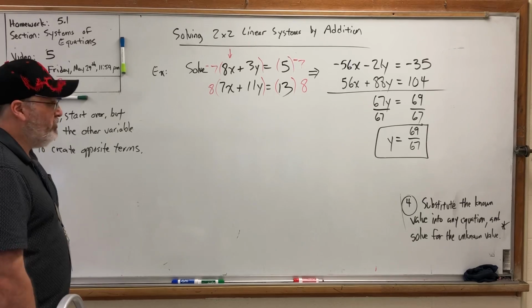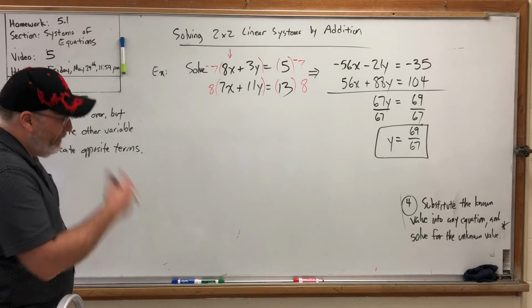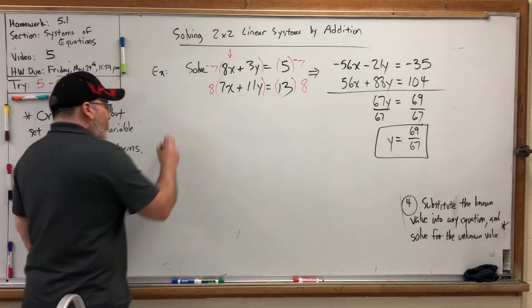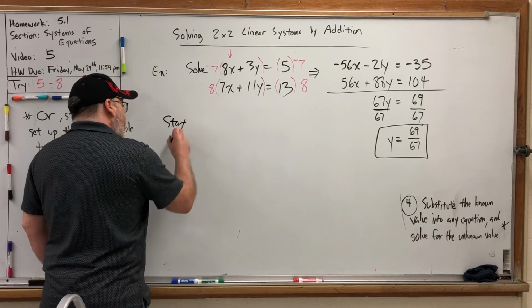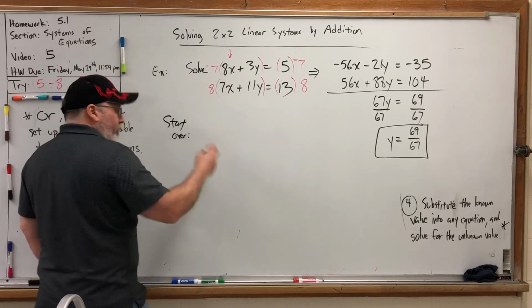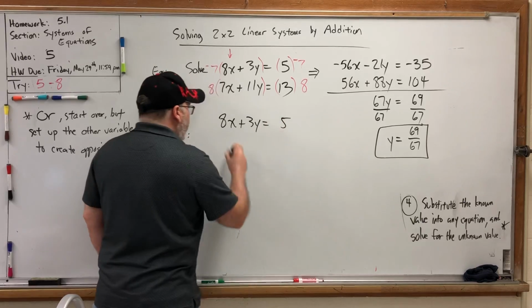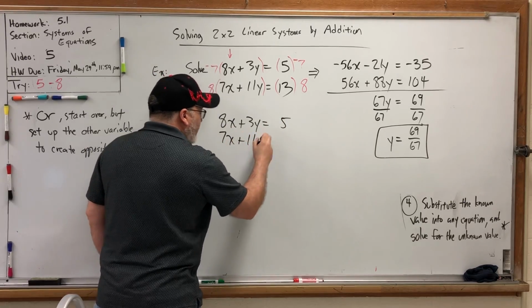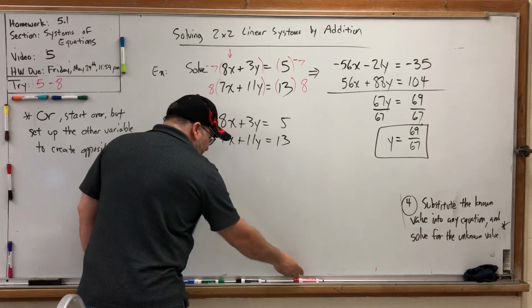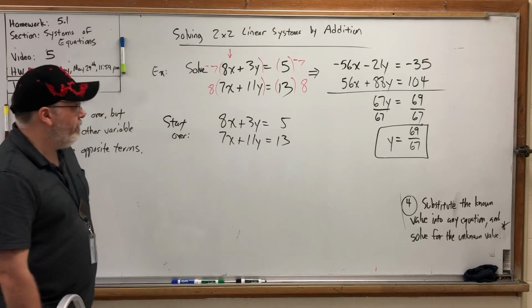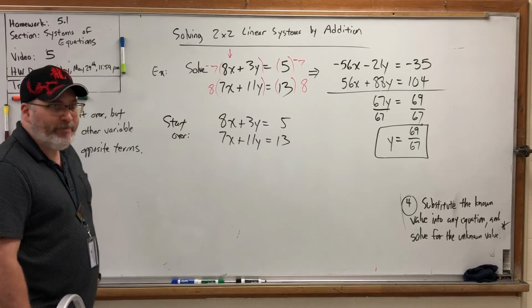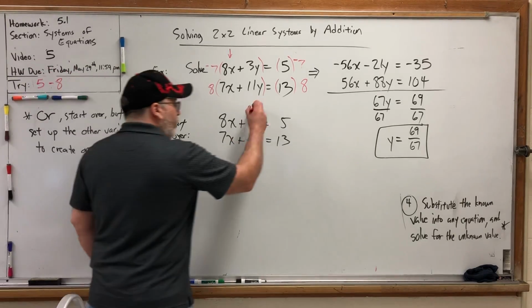So let's not substitute y equals 69/67ths in the equation. Let's start over. So let me rewrite the system. 8x plus 3y equals 5, and 7x plus 11y equals 13. But this time, I'm going to consciously get rid of the other variable by setting up opposites on the y's.